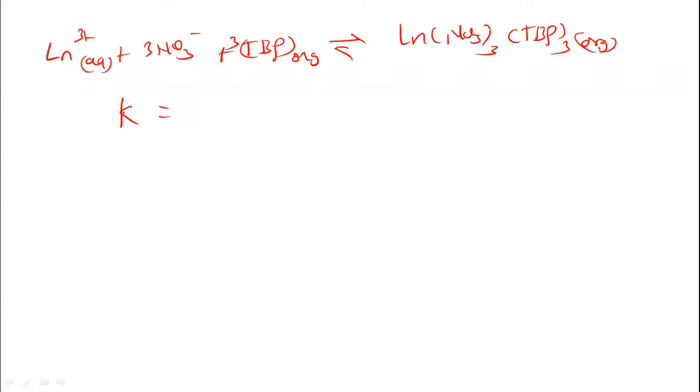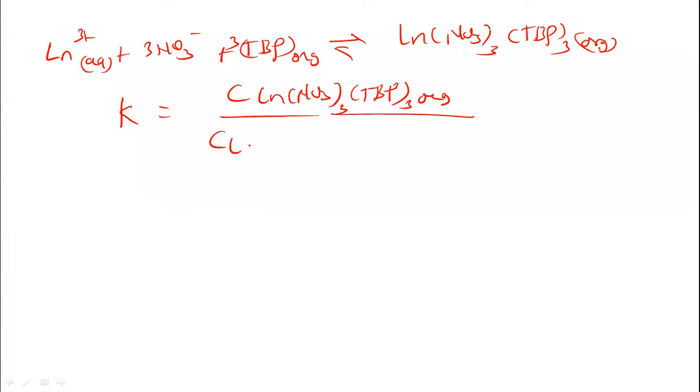The stability constant or equilibrium constant K is equal to the concentration of the complex in the organic phase divided by the concentration of the lanthanide ions in aqueous phase, multiplied by the concentration of the nitrate ion raised to power 3, the nitrate ion being from nitric acid, multiplied by the concentration of TBP raised to power 3, which is in organic phase. So we are getting the stability constant K.